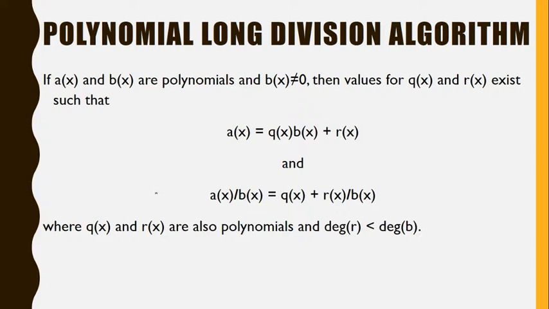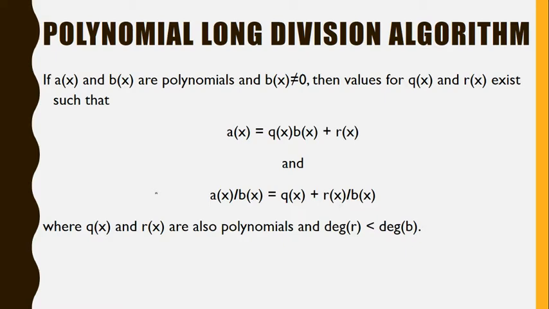Another way to write that is a of x divided by b of x equals q of x plus r of x divided by b of x, where q of x and r of x are also polynomials, and the degree of r is less than the degree of b.